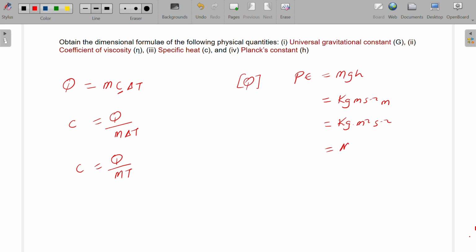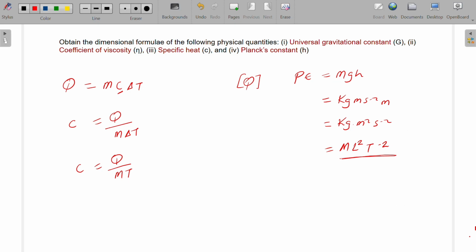So bringing in the dimensions now, what we have is kg is M, meters is L, and it is squared, then we have s to the minus 2, and that's not s but T now, a dimension, so we'll have T to the minus 2 like that.